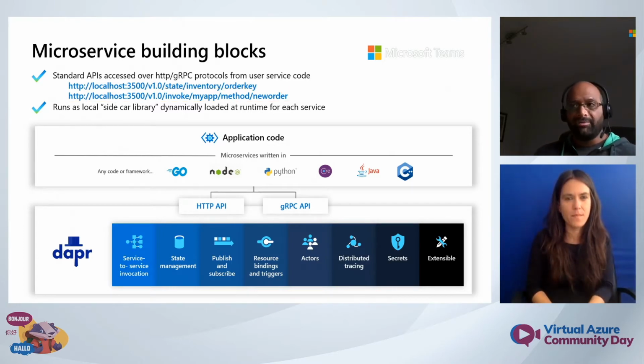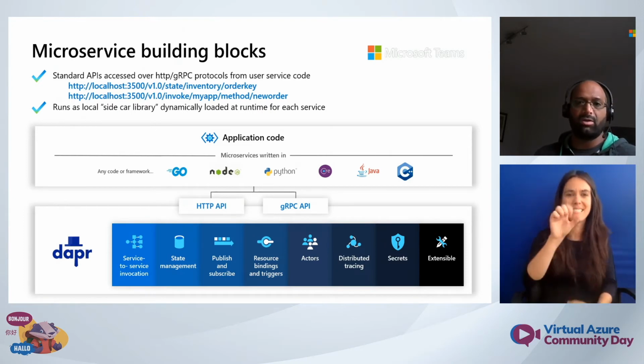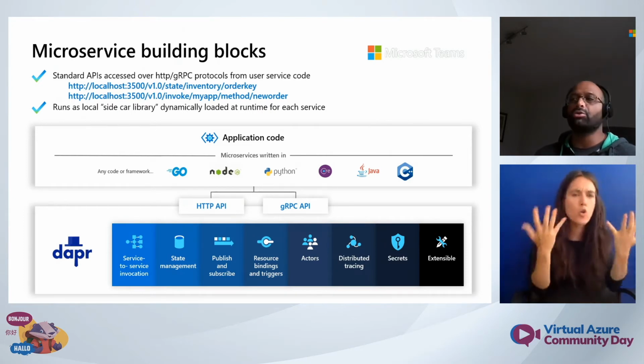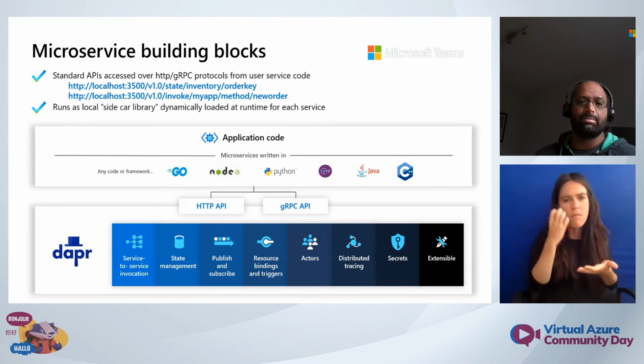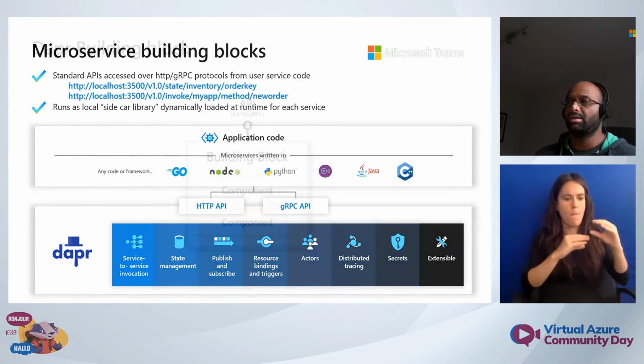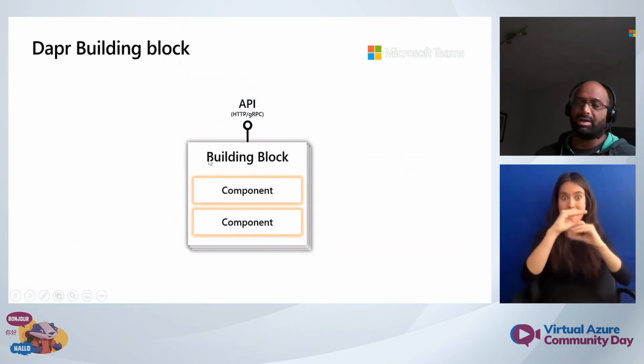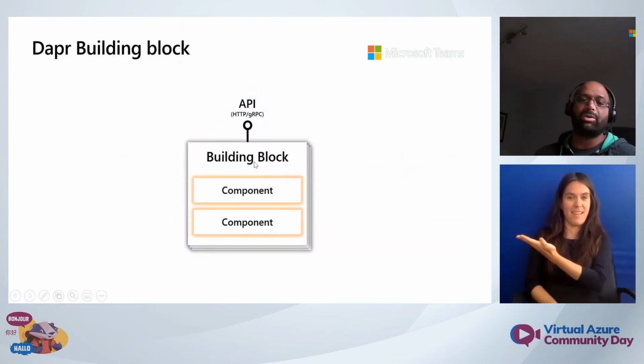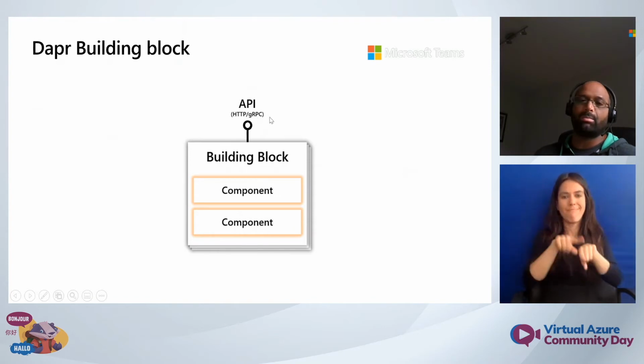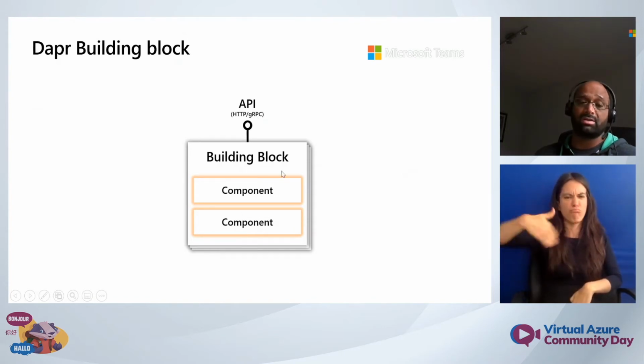Now I have shown you what Dapr is and which devices or clouds it works for. I also want to show you what a building block for Dapr looks like. Each building block of Dapr is a standard HTTP or gRPC API backed by one or multiple components.